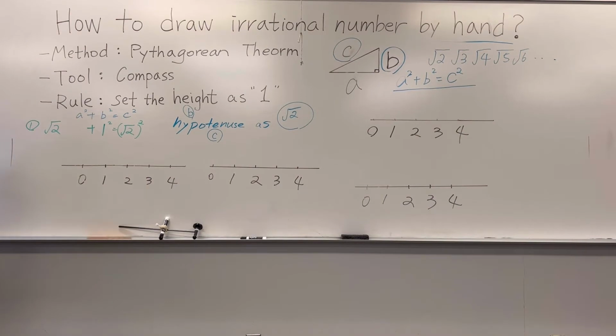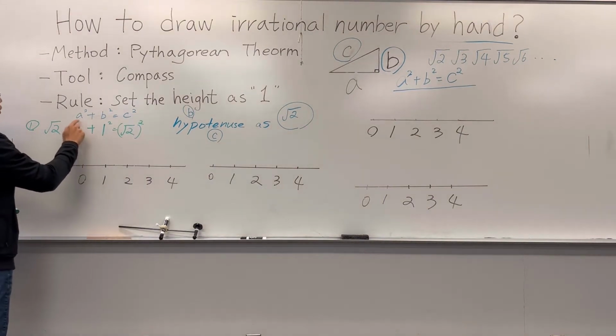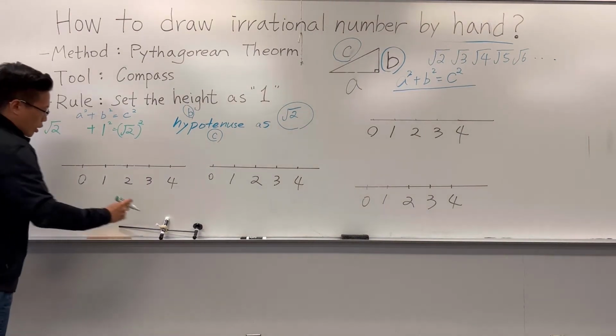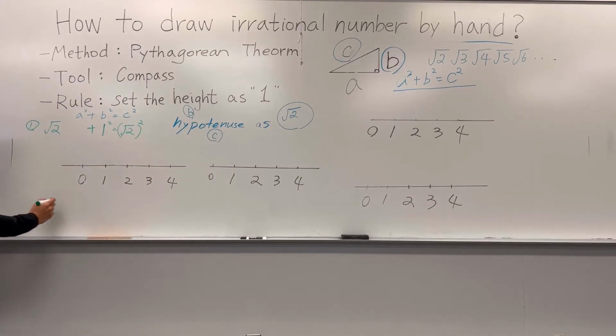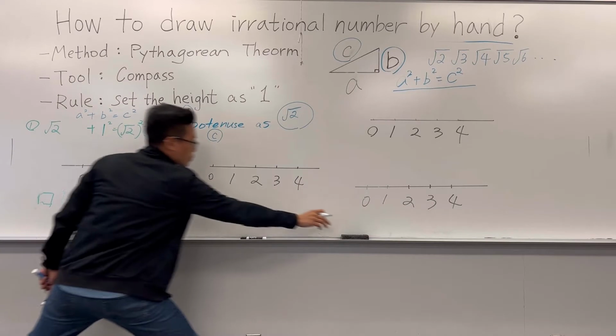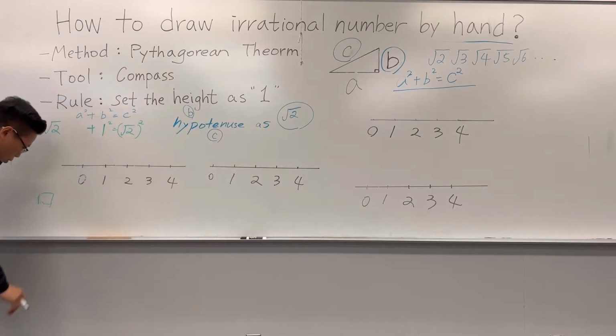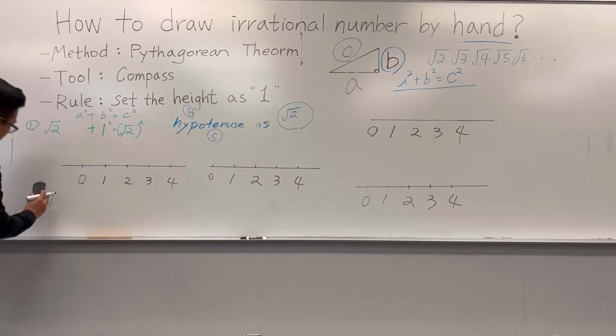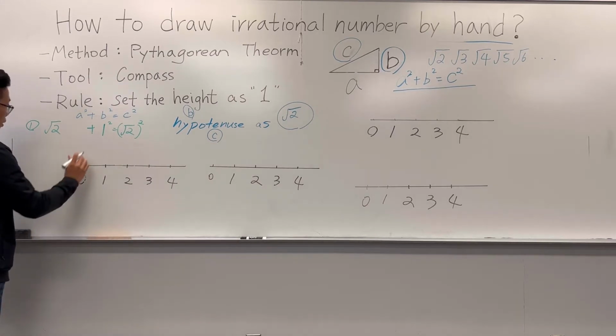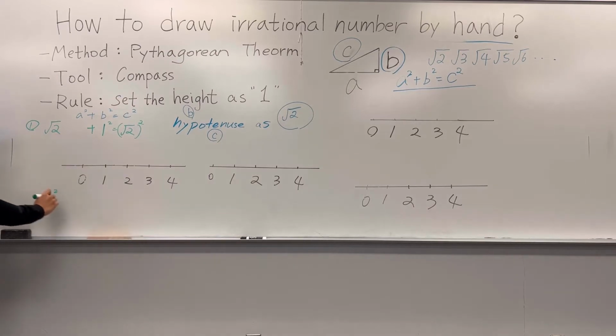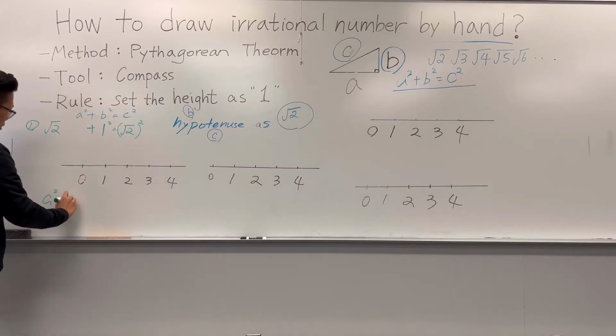Alright, so we need to find out what the number for a is. So I'm going to do a quick calculation down here. There's a number, that is a. I'm going to use a squared here, that's the number we're looking for, plus 1 squared, that is 1, right?